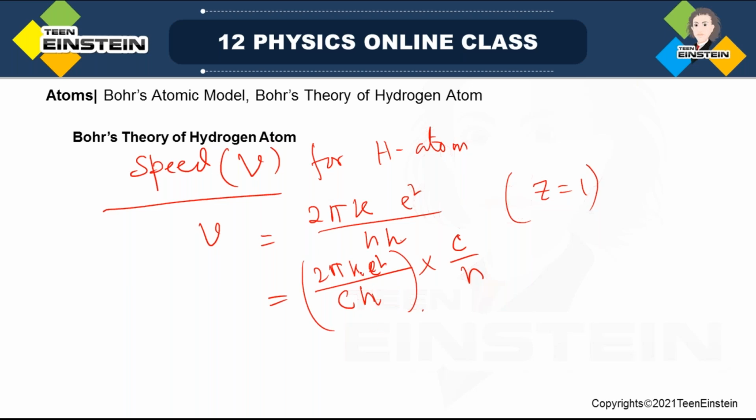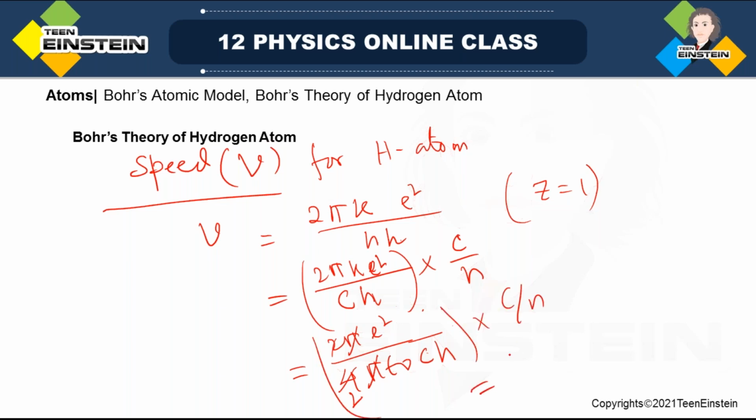And look at this particular factor. Let me put the k also here. Then how does it look? 4 pi epsilon naught ch. If we strike this out, then this factor is actually e square by 2 epsilon naught ch.